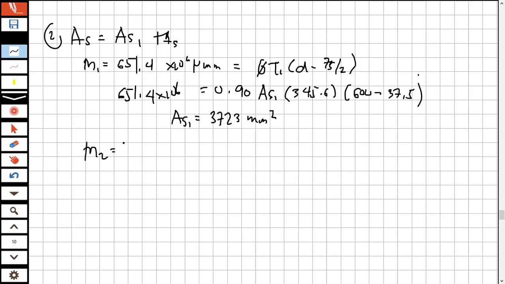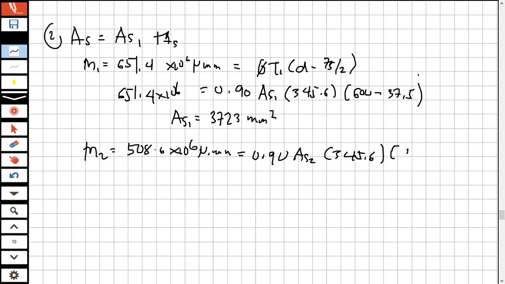And then the same with M2, since we already calculated M2 earlier. M2 is equivalent to 508.6 times 10 to the power of 6 newton millimeter. Then you have also 0.9 As2 times fy, 345.6.